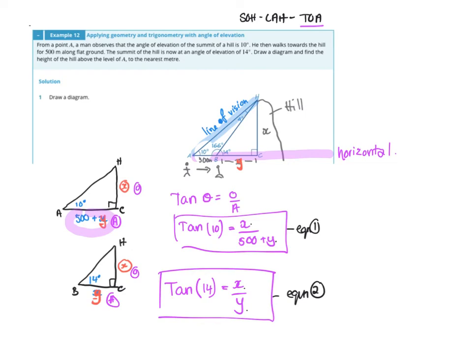If we go back here, we've done it on the calculator, and we know that X was 301 and Y was 1208. So the actual question was how high was the hill? The height of the hill, which was X, is 301 meters.